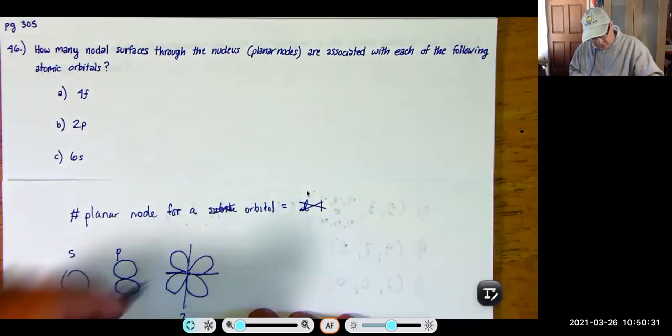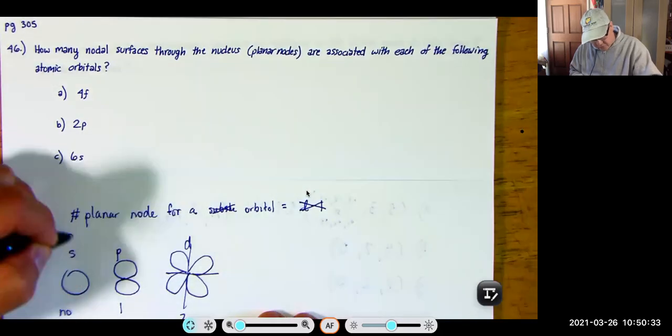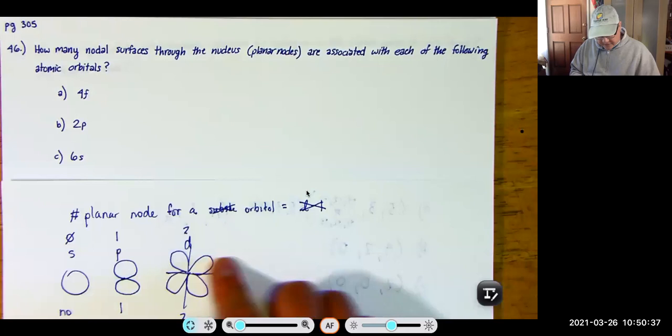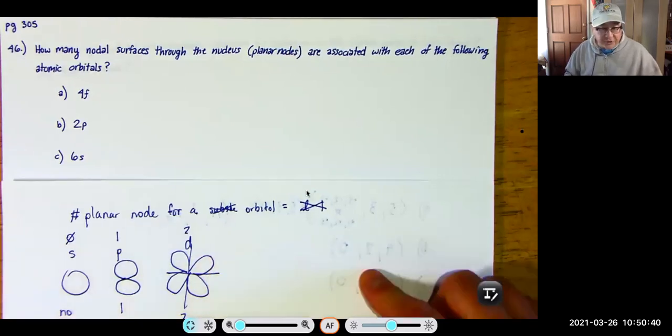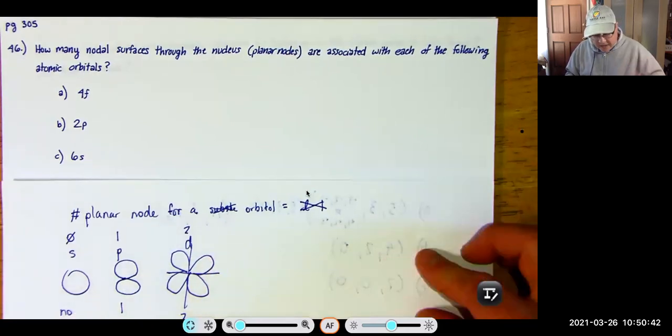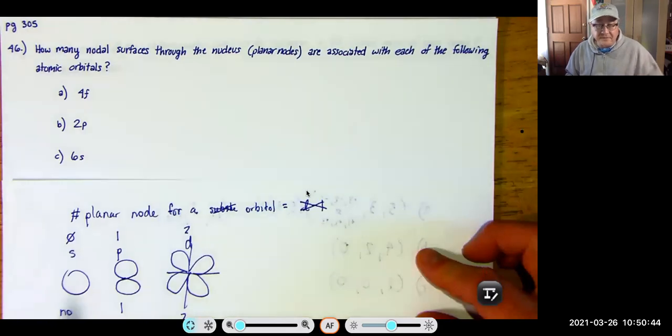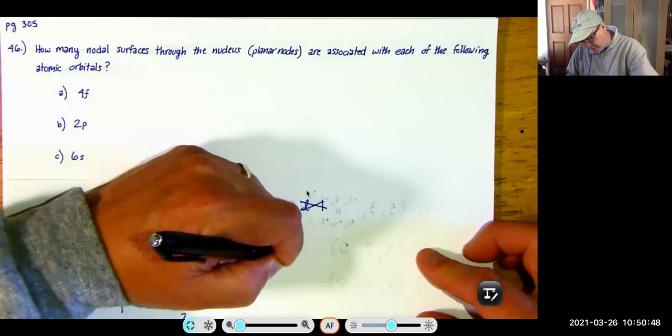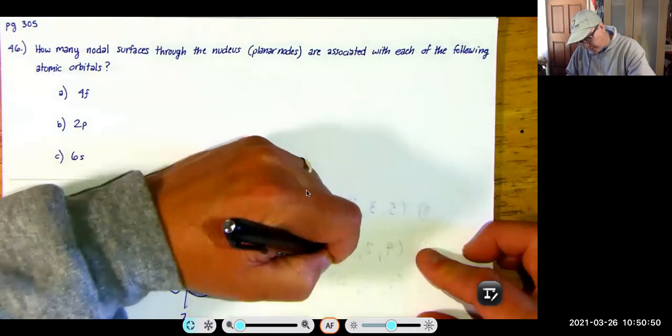So here, if we look at the values here, 0, 1, and 2, right, SPDF, the number of planar nodes is equal to the value of the subshell. So the subshell number is equal to the planar nodes.